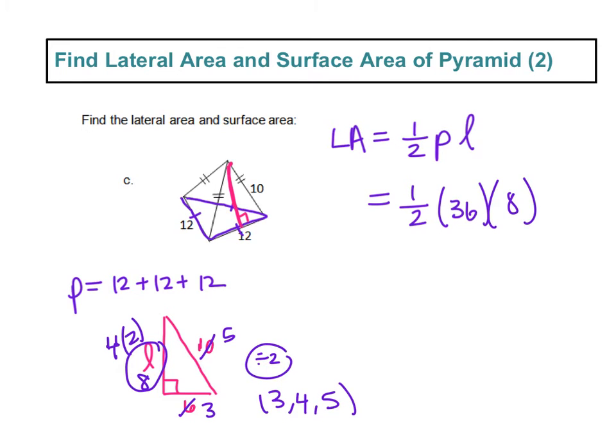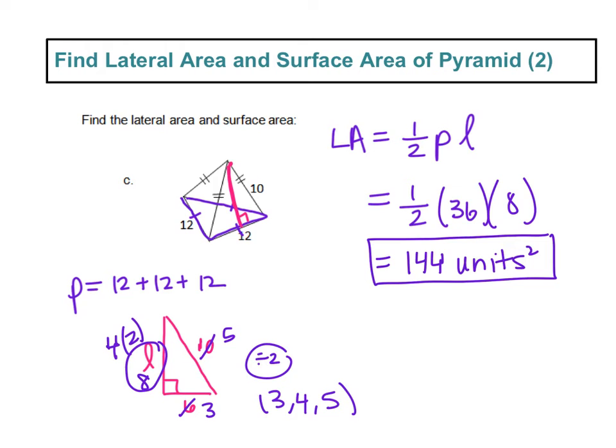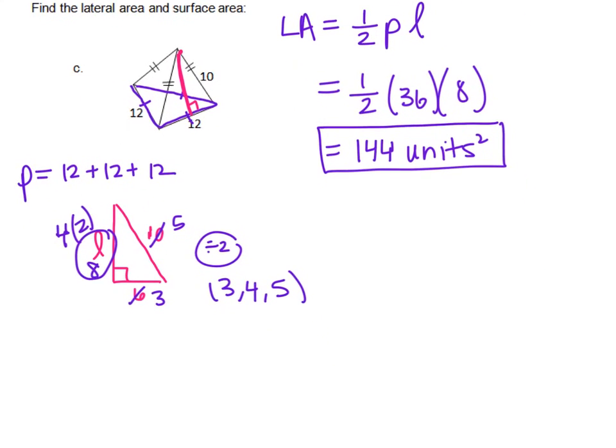You could also do Pythagorean theorem with this. All right, so 1/2 times 36 times 8 is going to give us 144 units squared.